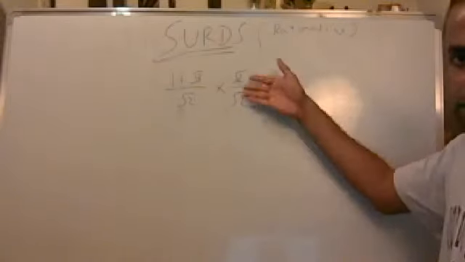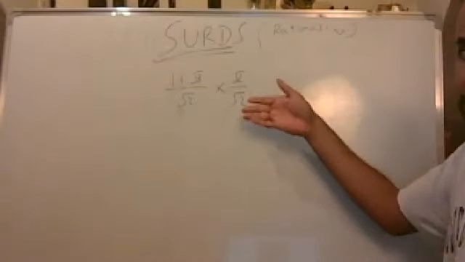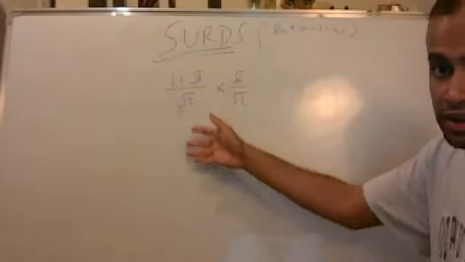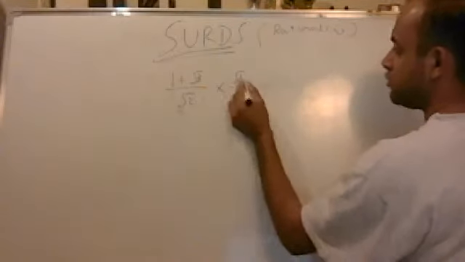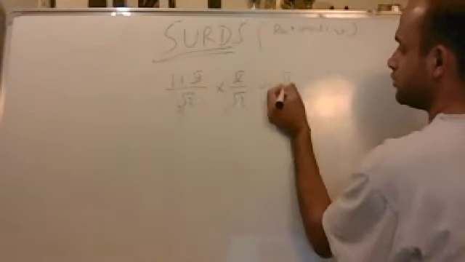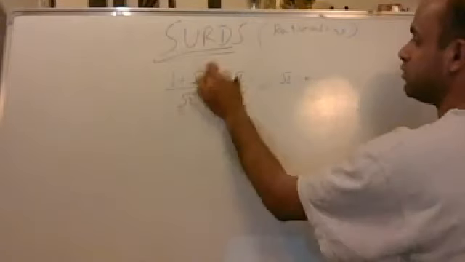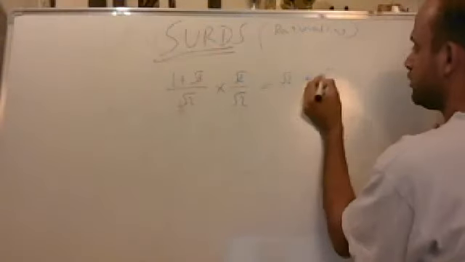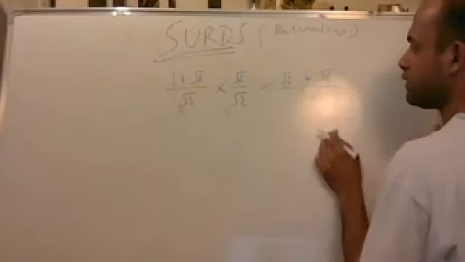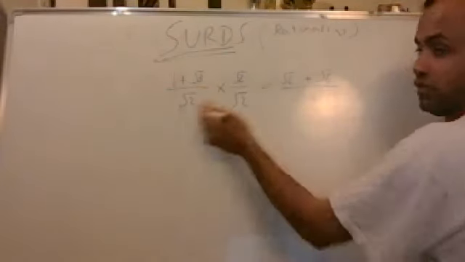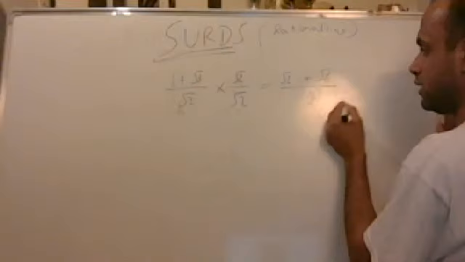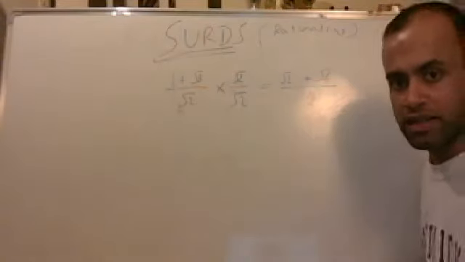Because if I multiply by root 2 over root 2, I'm multiplying by 1, so I'm not actually changing anything here. So now that's same as, so root 2 times 1 is root 2 itself, and root 2 times root 3 is root 6. And then root 2 times root 2 at the bottom is root 4, which is same as 2.